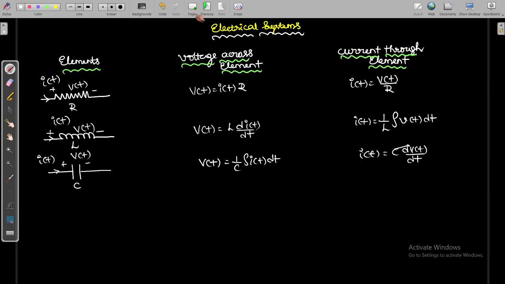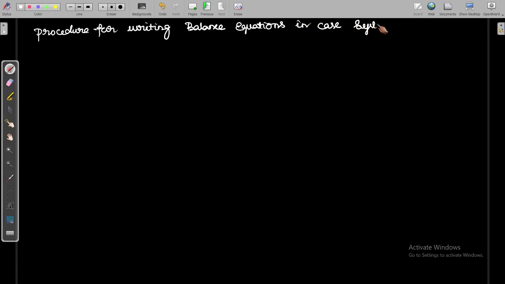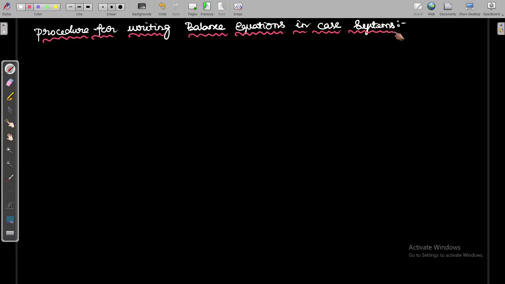Let us see the procedure for writing the balance equations in control systems, that is, in mechanical rotational systems as well as mechanical translational systems.